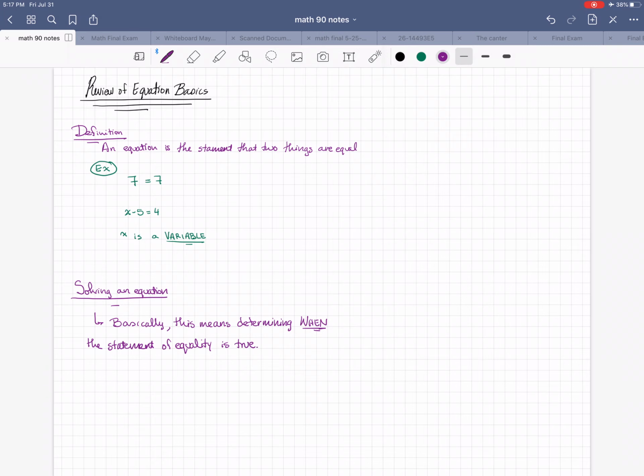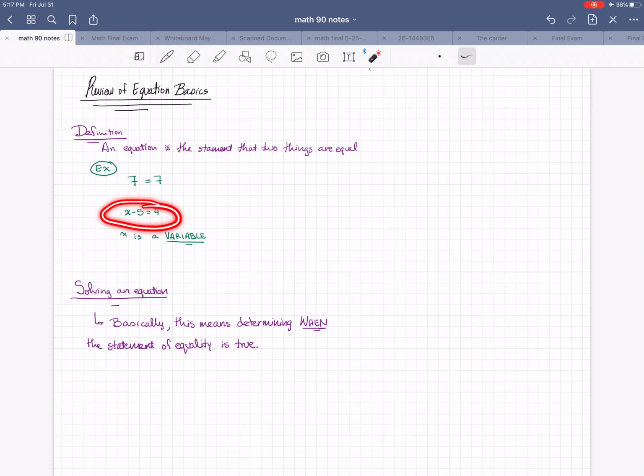So going back to our examples, this one here, 7 equals 7, if I asked you to solve that equation, that's not a silly question, but you would just say, well, this statement is always true. There isn't a set of values for which it is true and a set of other values for which it's not. 7 is a constant and it's always equal to itself.